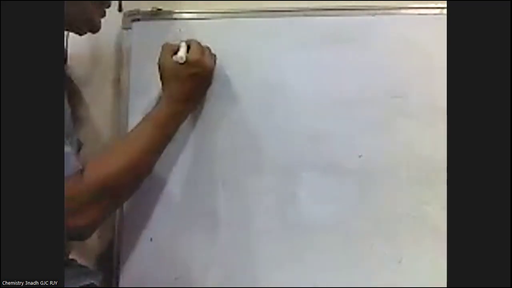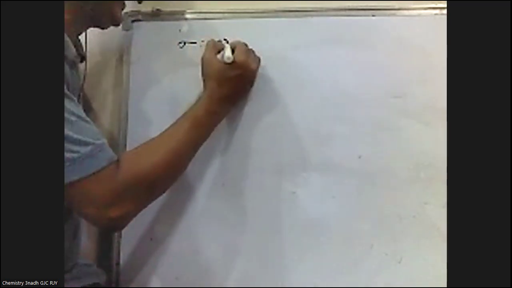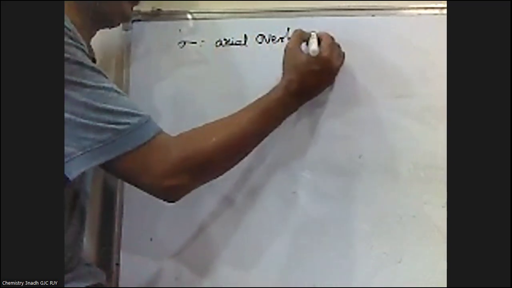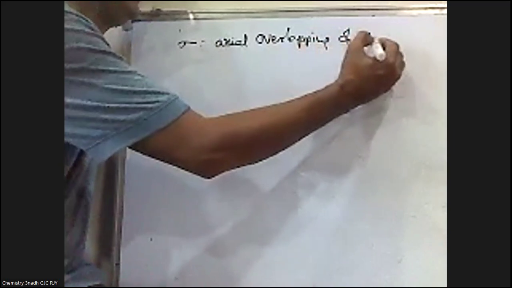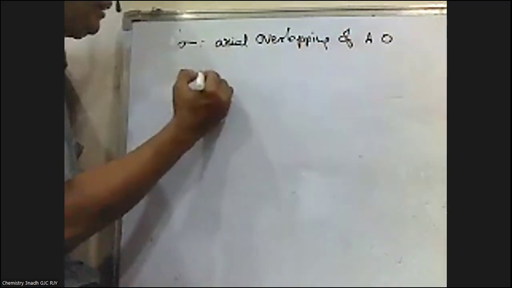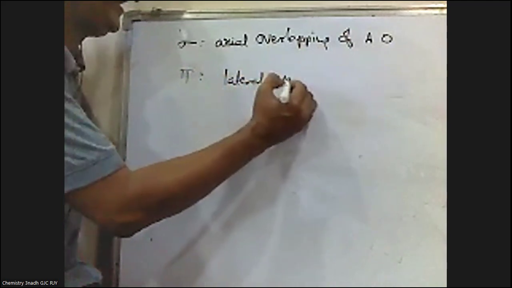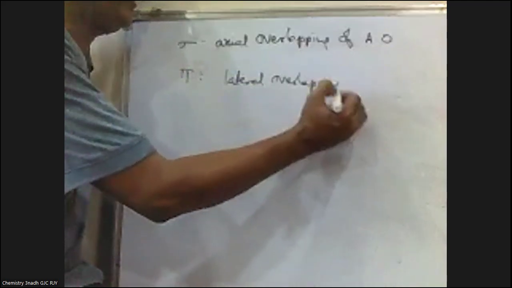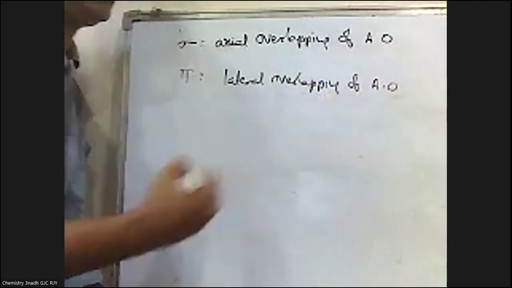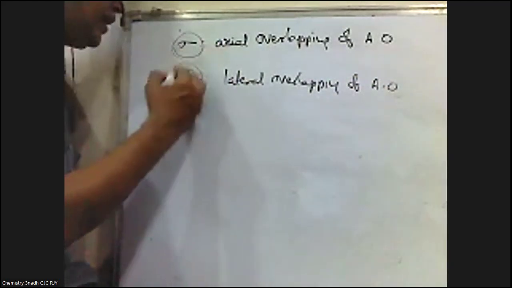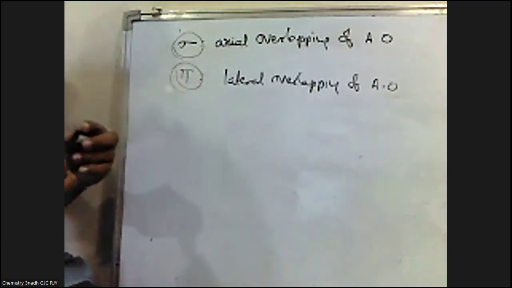So a sigma bond is formed by the axial overlapping of atomic orbitals, whereas a pi bond is formed by the lateral overlapping of atomic orbitals. So a sigma bond can be formed independently, whereas a pi bond cannot be formed independently.